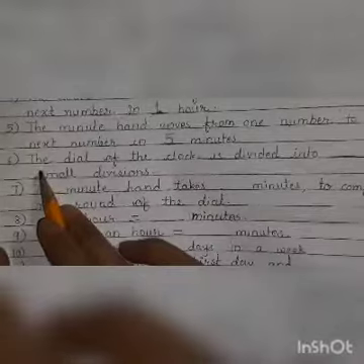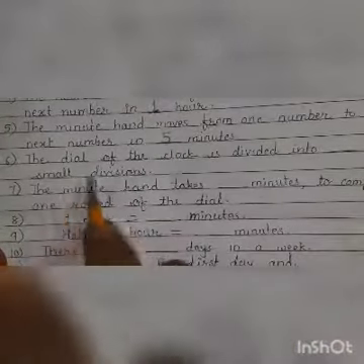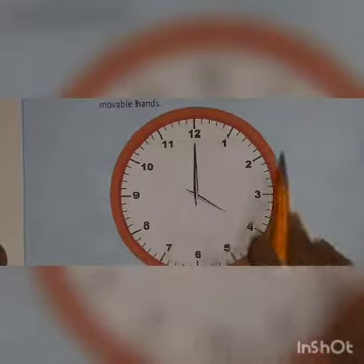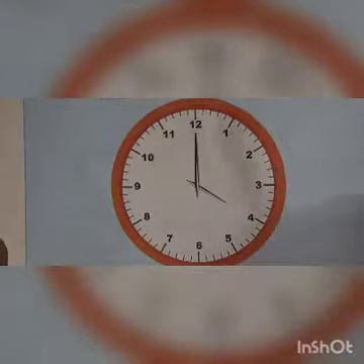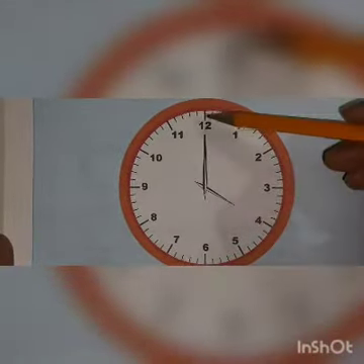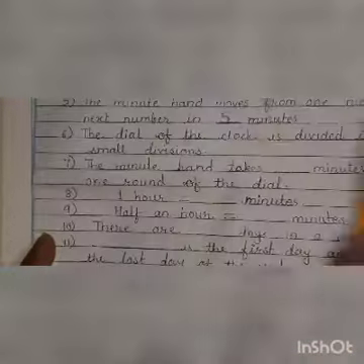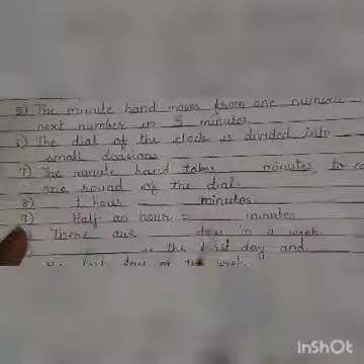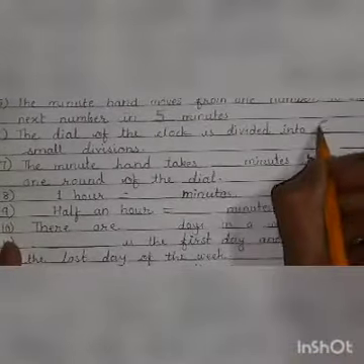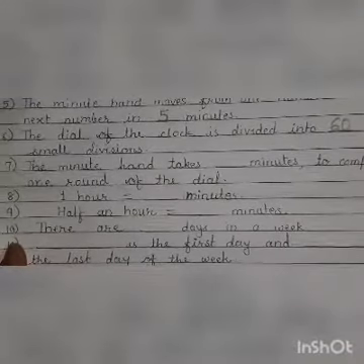Next one. The dial of the clock is divided into dash small divisions. You know this is the dial of the clock, and these small divisions, how many are there? These small divisions are 60. So the dial of the clock is divided into 60 small divisions. Write down 60.